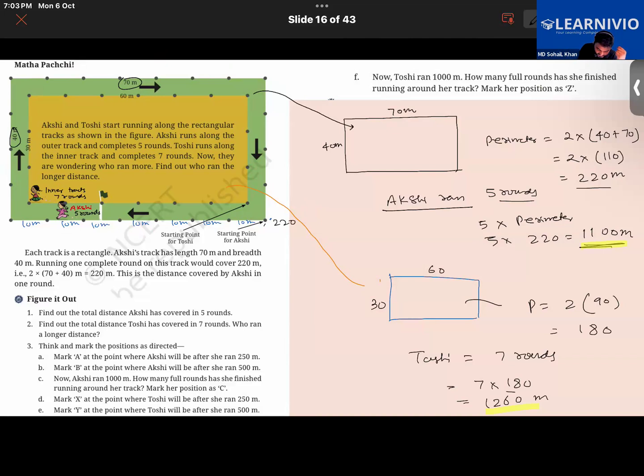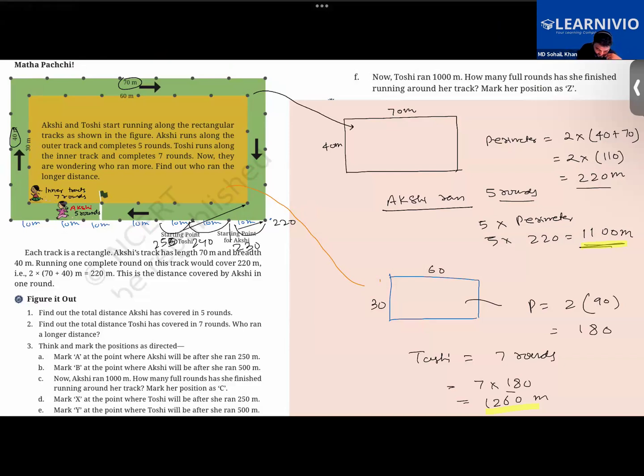Now from here onwards, it's going to be 220 plus 10, here it will be 230 meter. 230 plus 10, that is 240. 240 plus 10, that is 250. So after covering a distance of 250 meter, this is where Akshi is going to be, and we will mark A over here. Are you understanding this? Hope you are getting it.